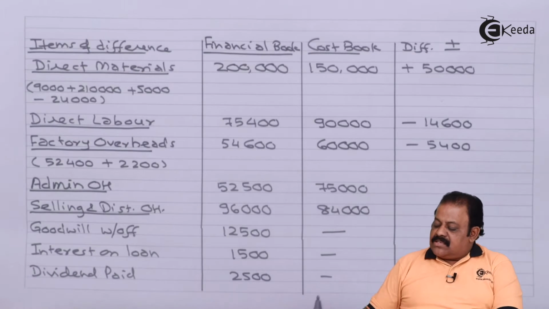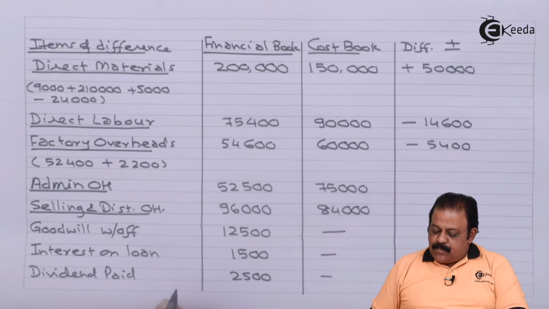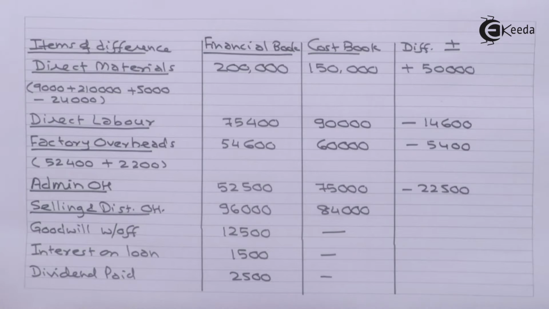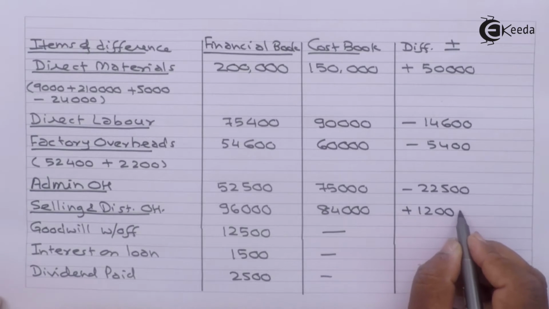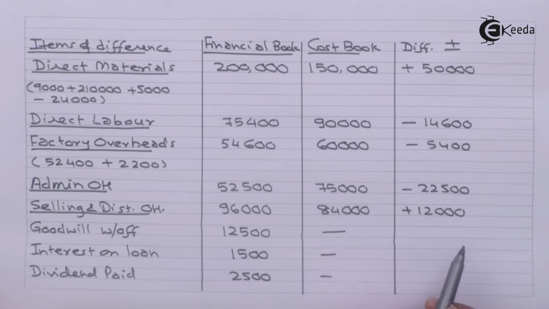Factory overheads difference minus 5,400. This will be deducted. Administration overheads difference is minus 22,500. This will be deducted. Selling overheads difference rupees 12,000 positive, so it will be added.